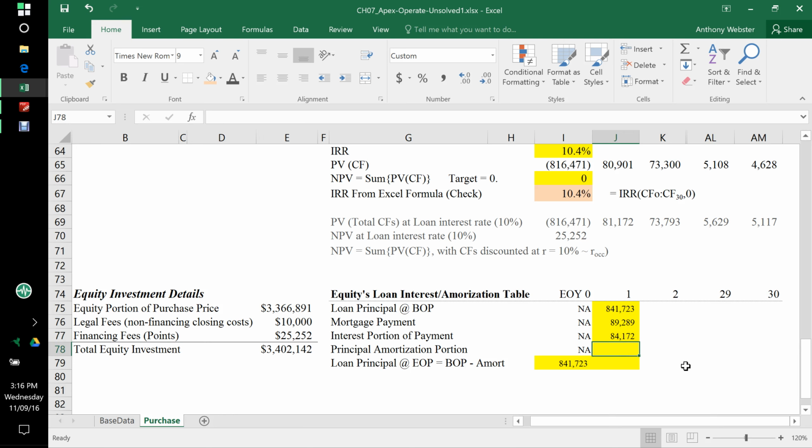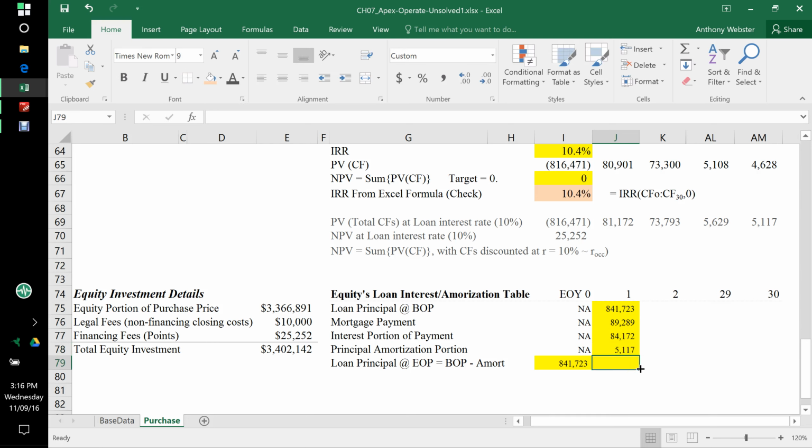Okay, let's see, principal amortization portion of that payment. Well, my total payment this year and every year is 89,289. And in this year, interest was, wow, it was almost all of it. But the amortization is the rest of the payment that wasn't the interest portion of the payment. So that's going to be equal to the total payment minus the interest portion.